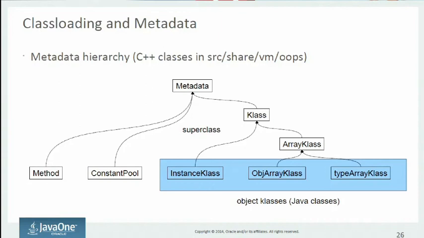An ObjArrayKlass is an array of pointers to some other object. Those are not necessarily defined by a class file; in Java, you don't do that for arrays. And then there's a TypeArrayKlass, as we call it, which is basically just an array of primitive types.